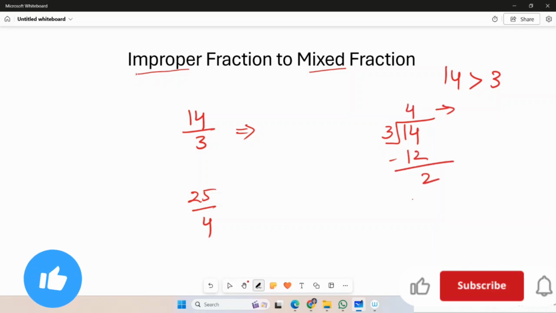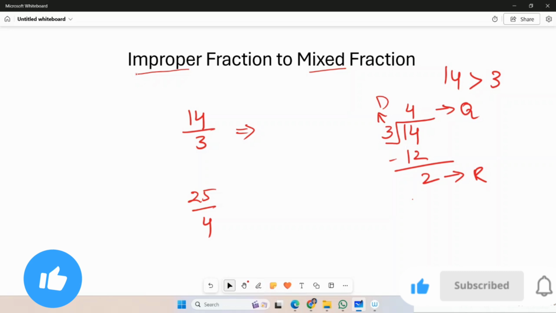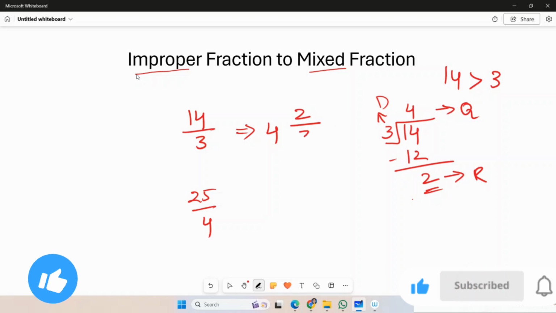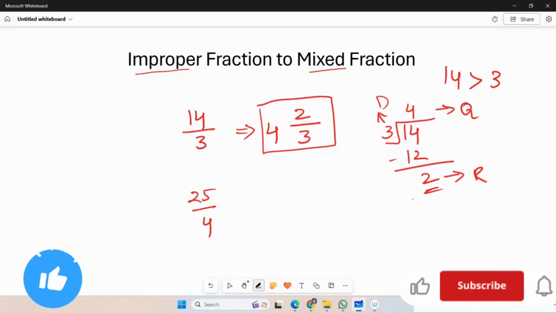Here 4 is quotient and 2 is remainder, 3 is divisor. Now here we write the mixed fraction as our quotient is our whole number, remainder is our new numerator and the denominator stays the same. Okay, this is our mixed fraction for the improper fraction 14 upon 3.